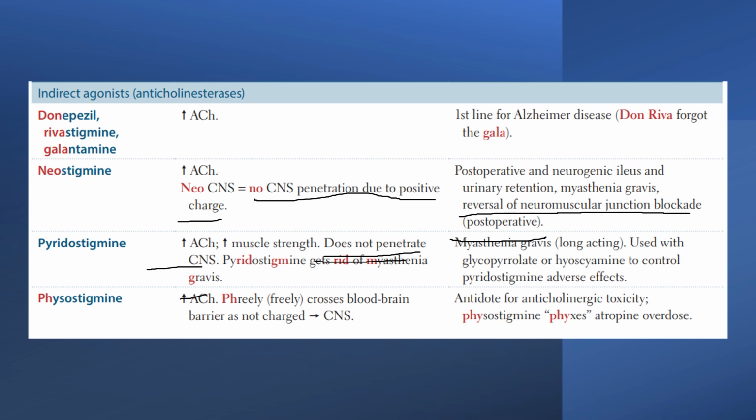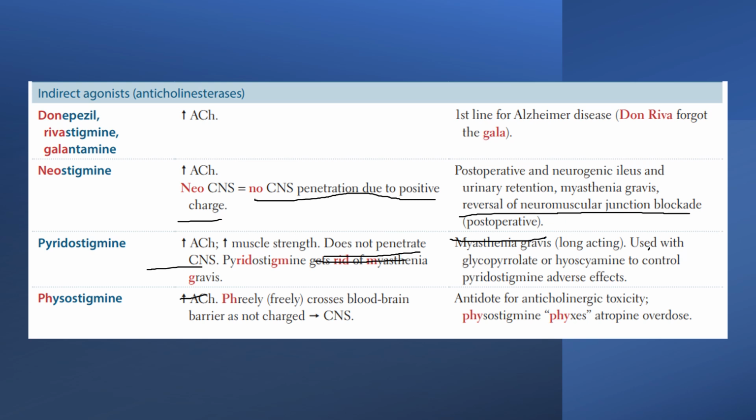Pyridostigmine is long acting in myasthenia gravis. I will give you a list of the drugs used in myasthenia gravis. First of all, edrophonium is used to diagnose myasthenia gravis.